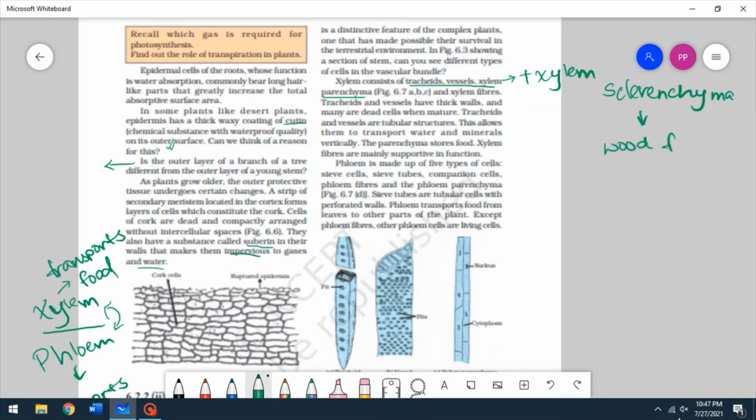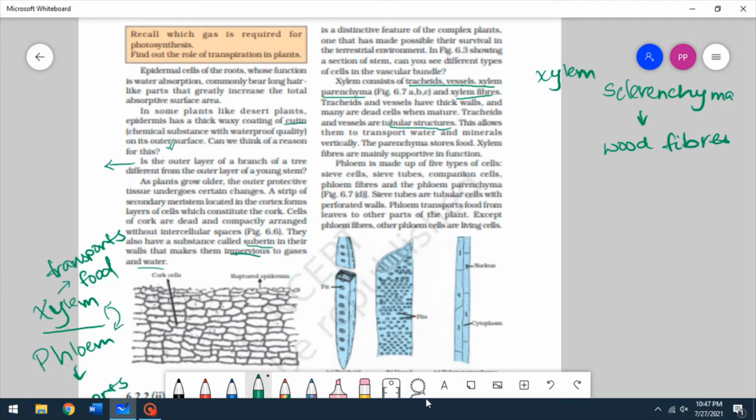Wood fibers, and xylem fibers. Oh, so they did mention. Never mind. So xylem fibers or wood fibers is xylem sclerenchyma. Tracheids and vessels are tubular structures. They're present like tubes.